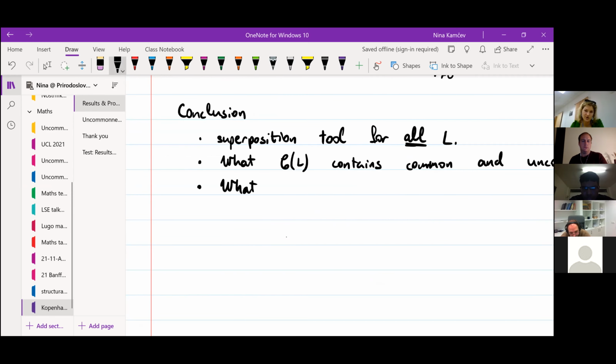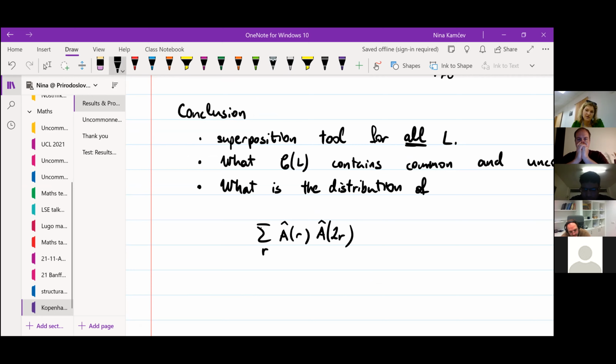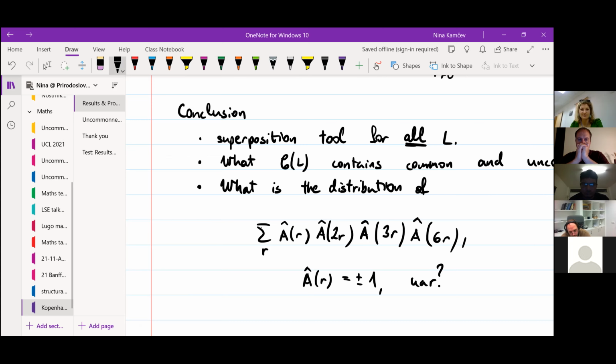So my question is, what is the distribution of, let's have a specific example, say this thing, when again the hats are taken uniformly at random with, say, A hat of R plus minus 1, uniformly at random. I don't know. It could be asymptotically normal, but again, I don't have a proof.